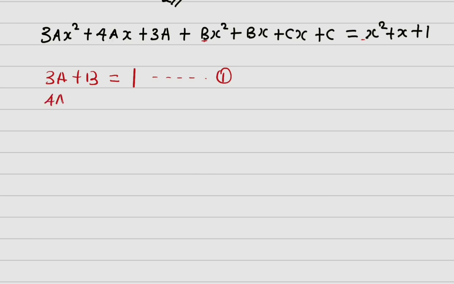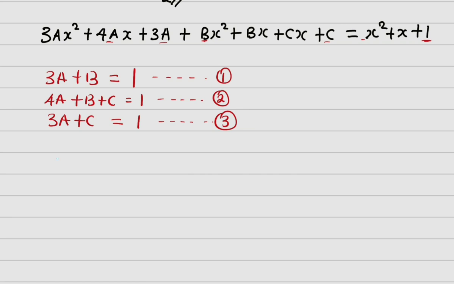So I have 4a, all right, look at it, 4a, then plus b plus c. Now this will be equals to 1, so we are going to have equation 2. Then the last is carrying the constant term, which is 3a plus c. So it's 3a plus c will now be equals to 1. This is equation 3. Why is it equals to 1? Because the constant term here is 1.